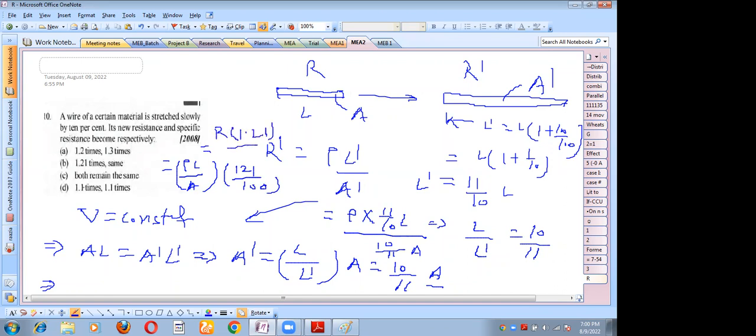So the new resistance will become 1.21 times. And specific resistance depends upon the property of the material, so it will remain the same. So the correct answer is B.